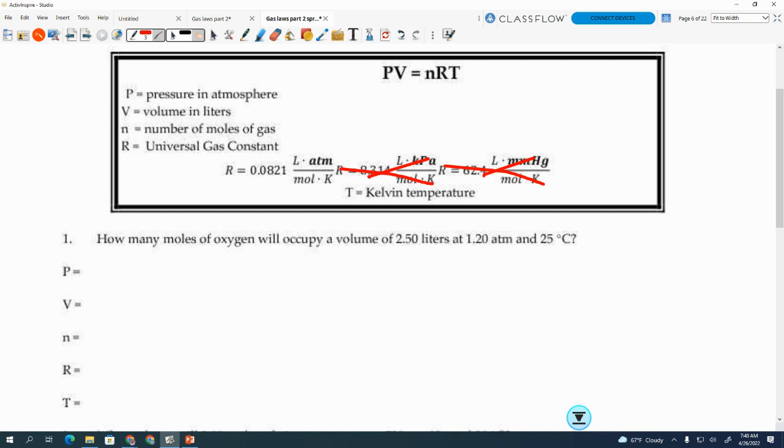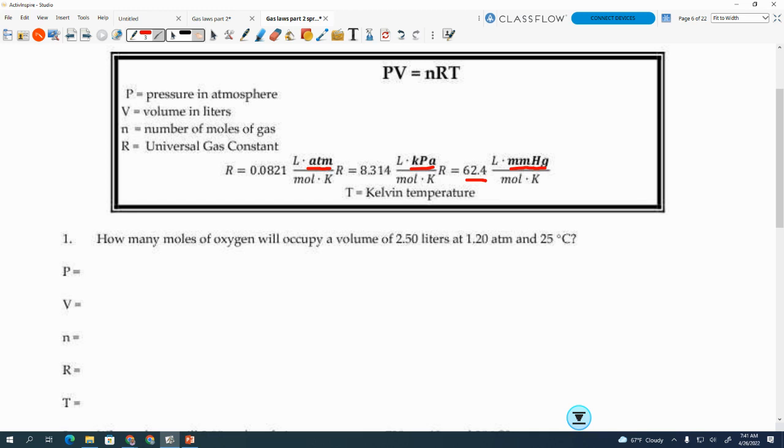What I do want you to recognize on those R's is notice that the 0.0821 has atmospheres, the 8.314 has kilopascals, and the one that's 62.4 is millimeters mercury. The units that the pressure is in in each of these is why this number changes. Just like the calories versus joules relationship that we were using earlier this year.